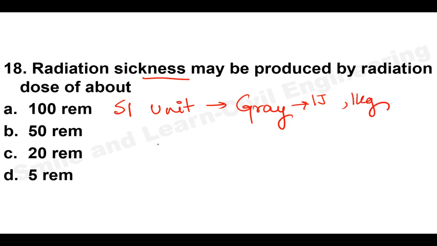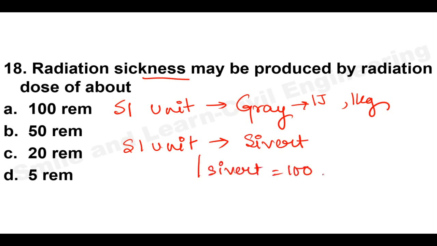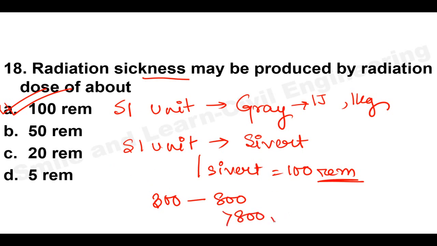Now the new SI unit is the sievert, and 1 sievert is equal to 100 rem. This unit is rem. This 100 rem produces radiation sickness, and radiation sickness is tremendous when the radiation is between 300 to 800. Whenever it is greater than 800 rem, it may prove to be fatal. This is a very important thing.